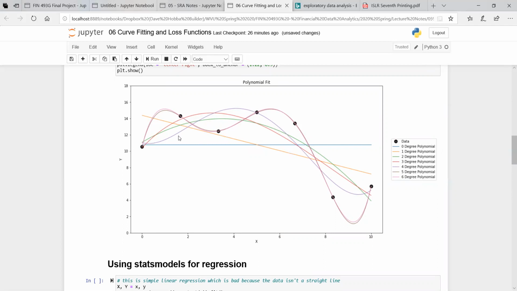Even though for the 5th and 6th degree polynomial, it intercepts every single point, you can't use this to extrapolate any information. You can't even use it to interpolate anything in the middle, because it's going through each point, but it's not flexible enough.